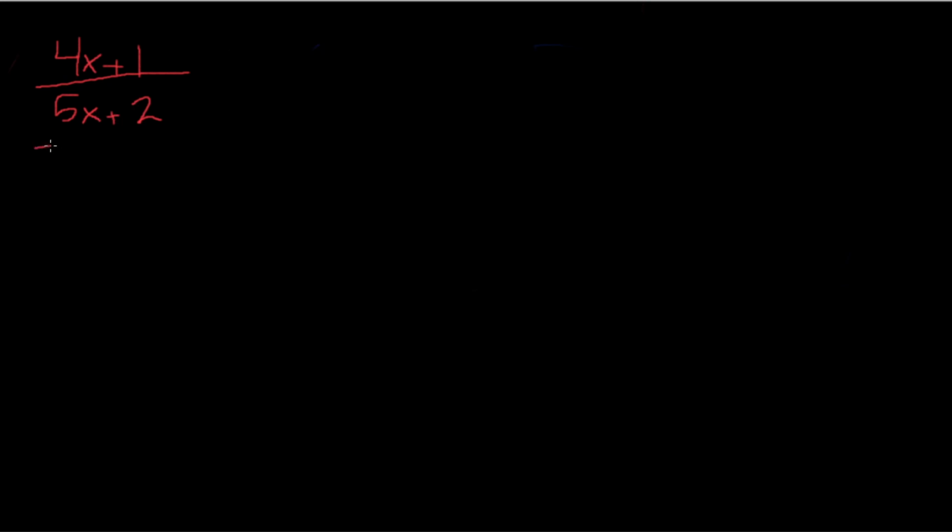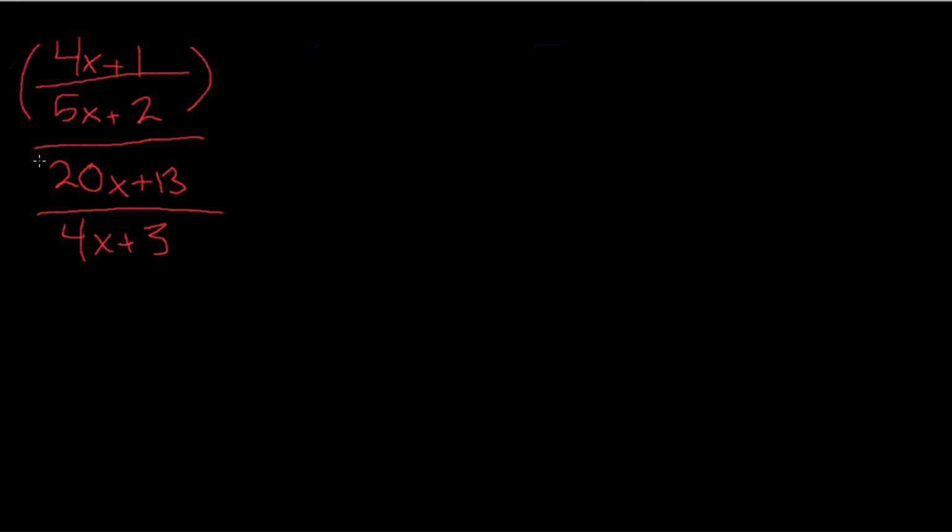And then we'll say that over 20x plus 13 over, I don't know, like 4x plus 3. So remember, don't get scared because there's an x in all four. Doesn't matter.